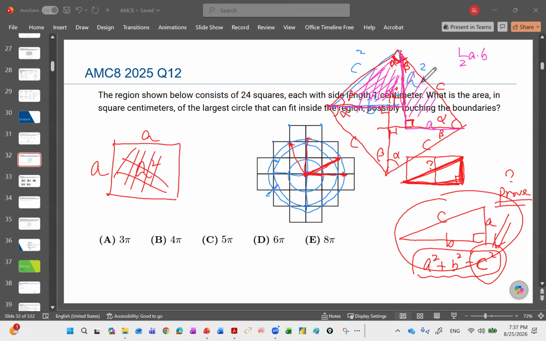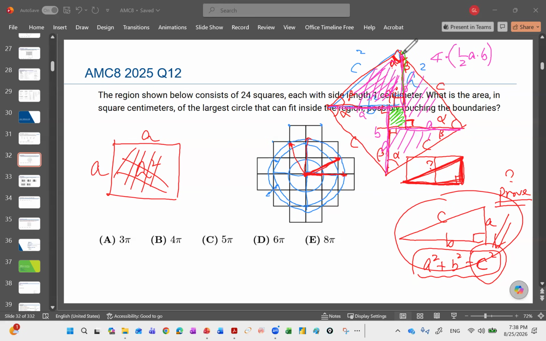This is A, and this is B. And this is A, this is B. This is A, this is A, this is B. That's four of the triangles, right? And plus this tiny square. What tiny square? The tiny square in the middle part, right?